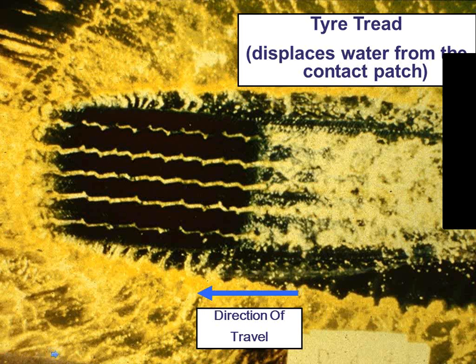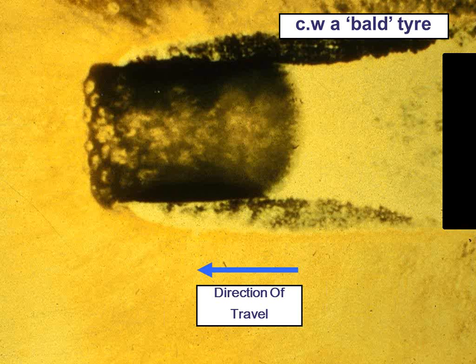But let's compare that with a bald tyre. Here you'll see a bald tyre, also the same direction of travel. Yellow water there, exactly the same. But you can see that with a bald tyre, the mechanism of removing the water is very, very different. And it's certainly not as efficient. What's actually happening is the bald tyre is struggling to get rid of the amount of water there.